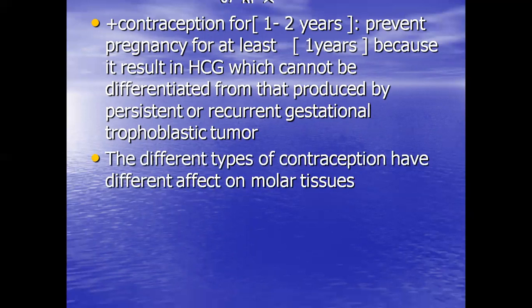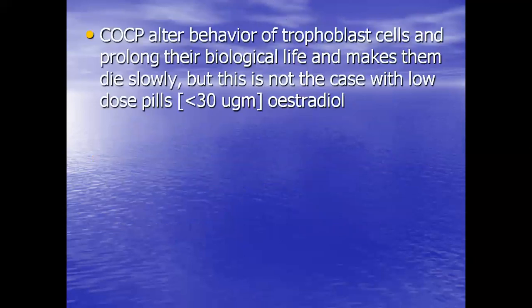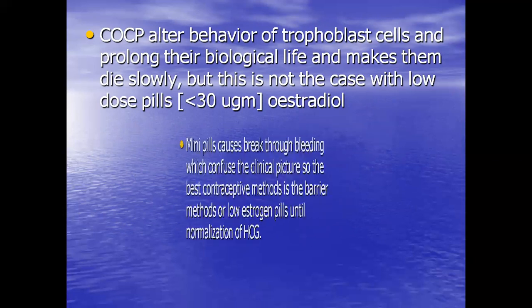The different types of contraception have different effects on molar tissues. The IUCD is not advisable at all because it increases bleeding and may perforate the uterus. Combined oral contraceptive pills alter the behavior of trophoblastic cells and prolong their biological life, making them die slowly, but this is not the case with low-dose pills, less than 30 microgram estradiol.